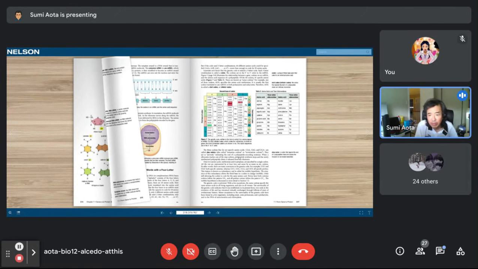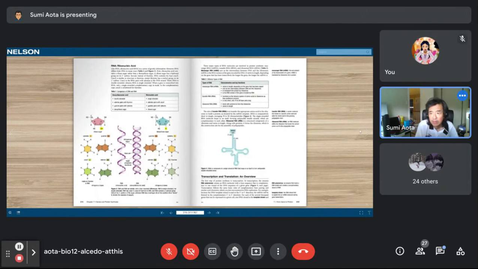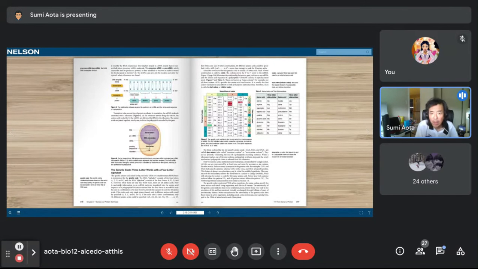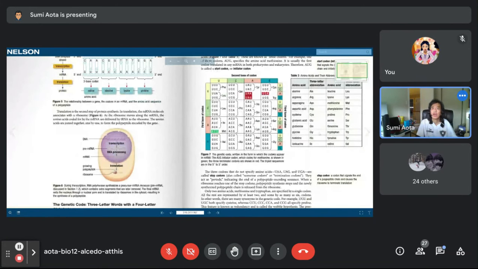There, okay. On page 317, figure 7 gives you the genetic code, okay? And table 3 gives you the full name if you wanted to use a full name.